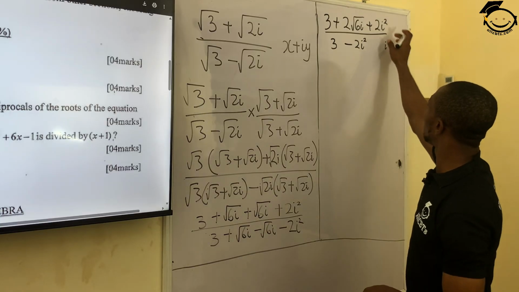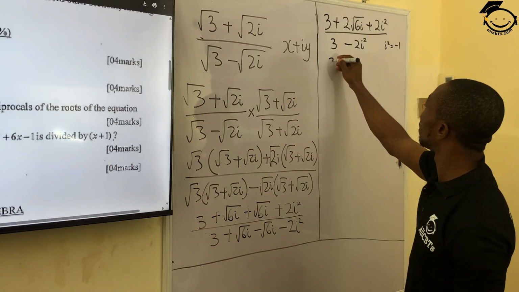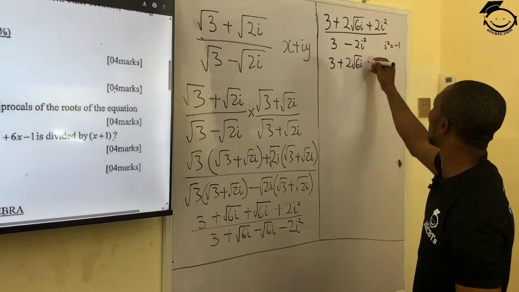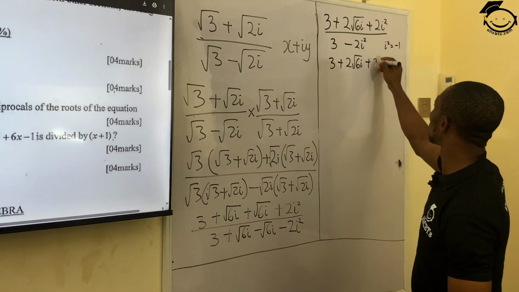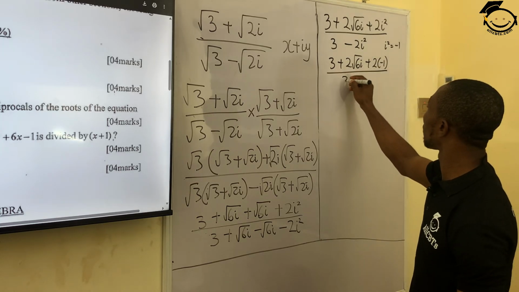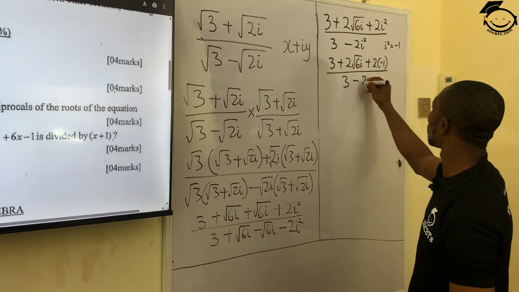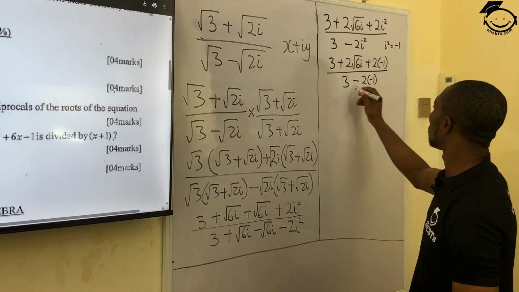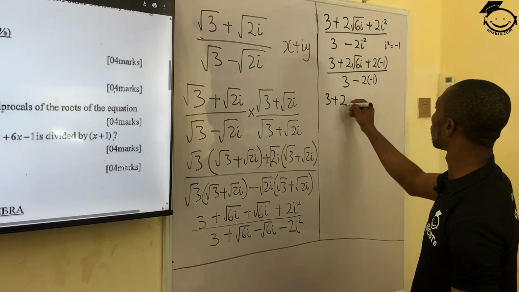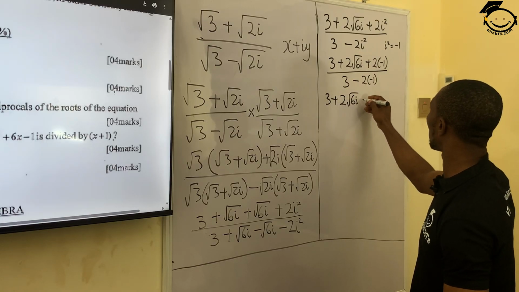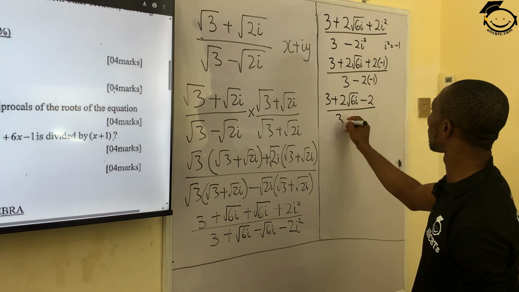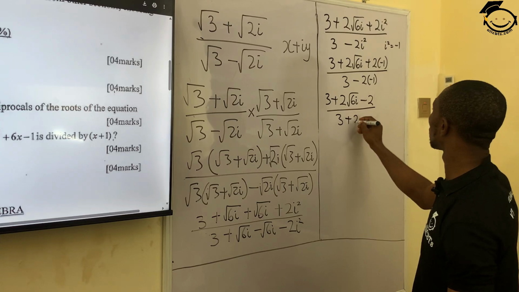So, imputing this for our i squared, we are having 3 plus 2 root 6i plus 2 bracket minus 1 all over 3 minus 2 bracket minus 1. So this will give us 3 plus 2 root 6i minus 2 all over 3 plus 2.